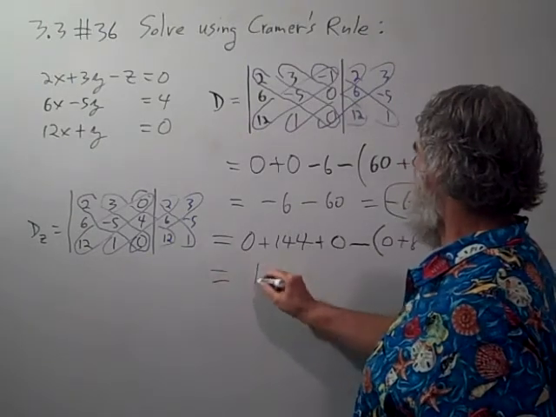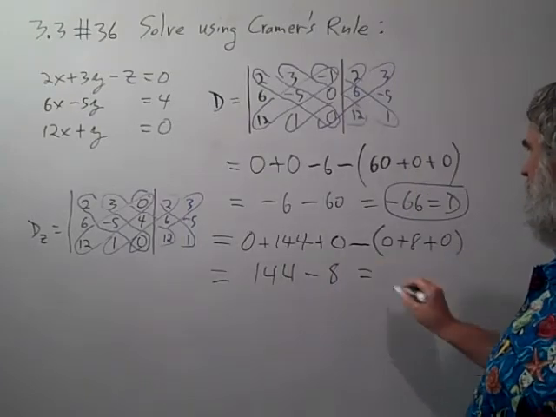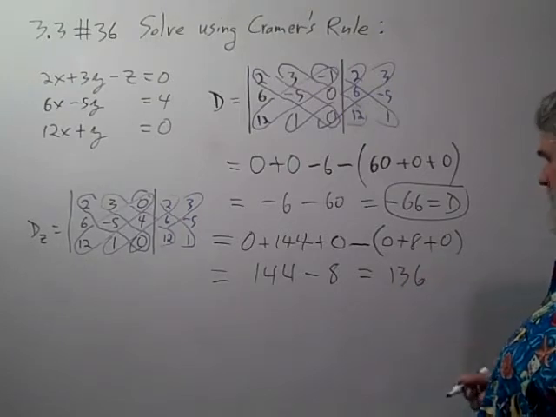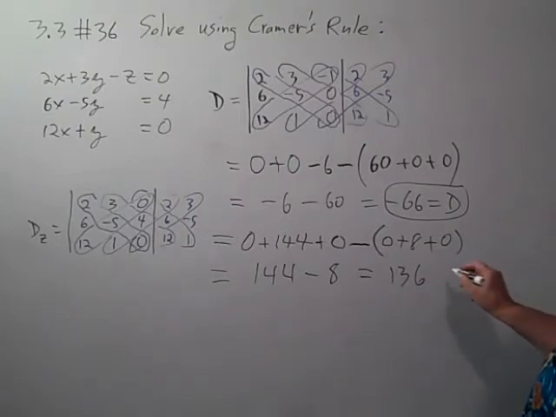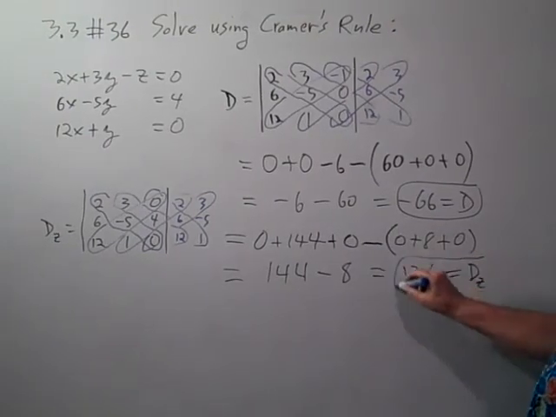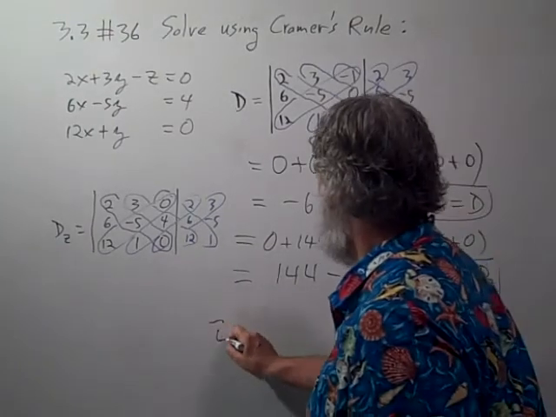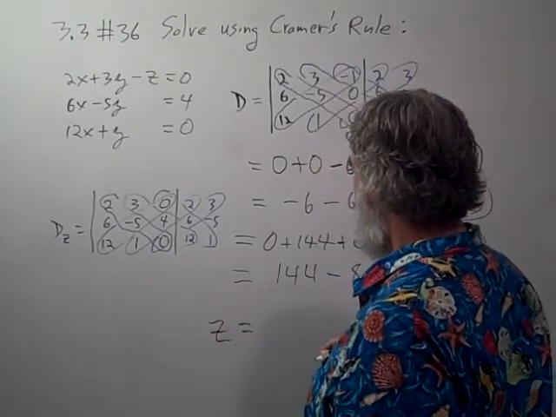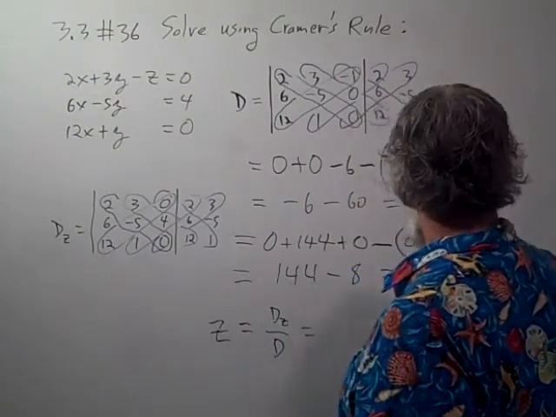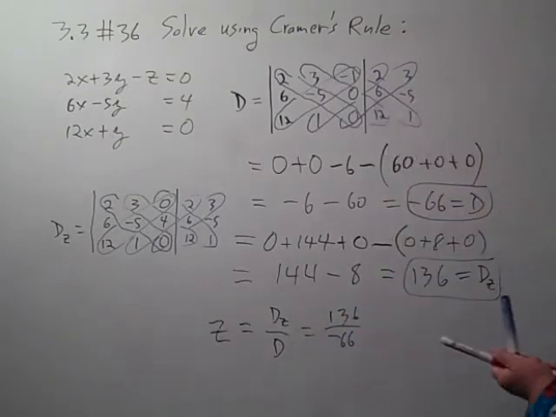So d sub z is 144 minus 8, which is 136. So that's our d sub z. So now we know what the z coordinate is, because z is simply equal to d sub z divided by d. That's 136 divided by -66.